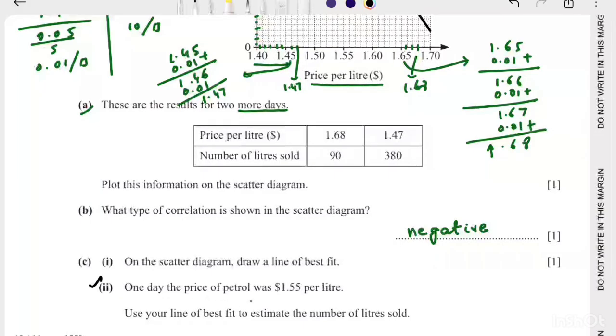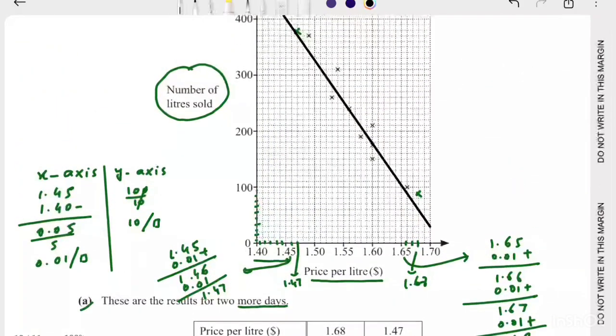One day the price of petrol was $1.55 per liter. Use your line of best fit to estimate the number of liters sold. So 1.55 would be here. Let me draw and check the corresponding value of it.